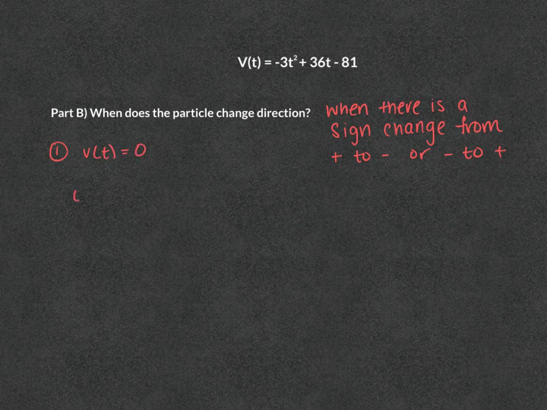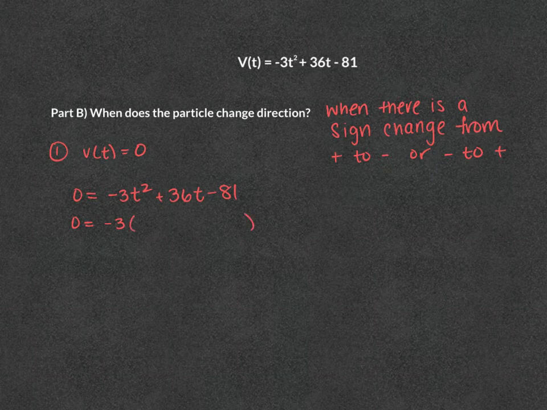So let's do that. So we have 0 equals negative 3t squared plus 36t minus 81. I believe you could take out a GCF of 3, so I'm going to take out a negative 3 so I don't have to divide by a negative. And I have t squared minus 12t plus 27.